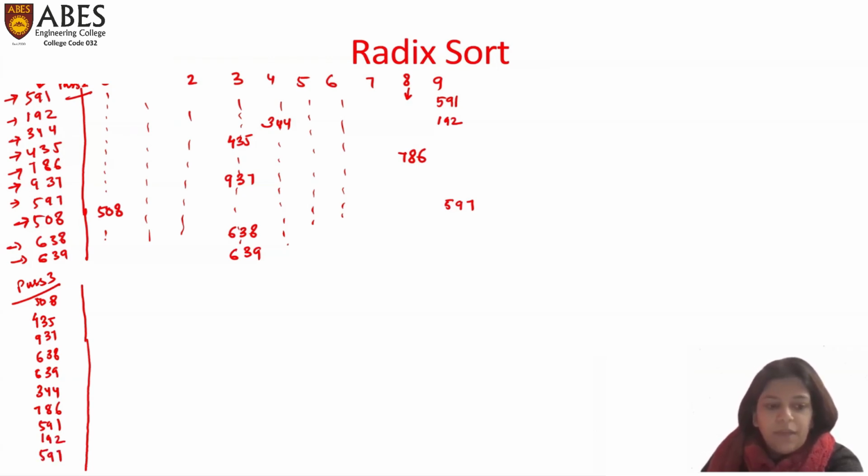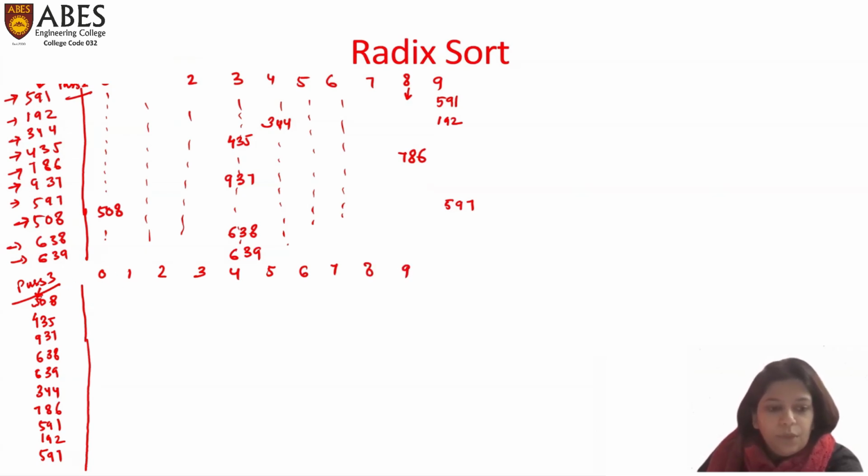So these are the numbers that we have got after the second pass. Now we are going to again sort these numbers based upon the digit which is placed at the hundreds position, right? So again, we will make columns 0, 1, 2, 3, 4, 5, 6, 7, 8, and 9. In this way, we are going to make the columns.